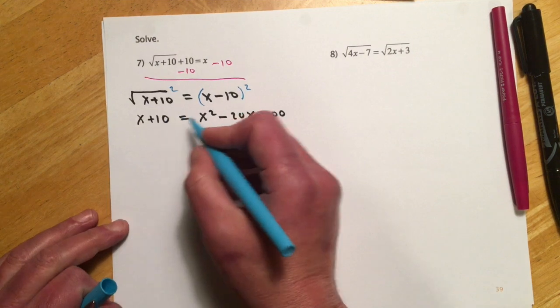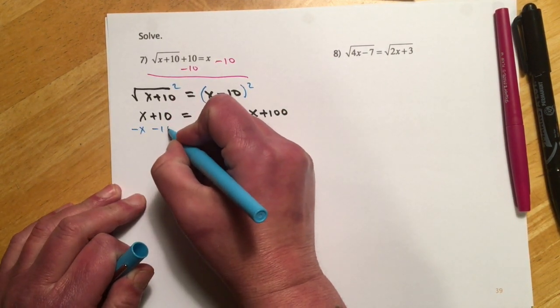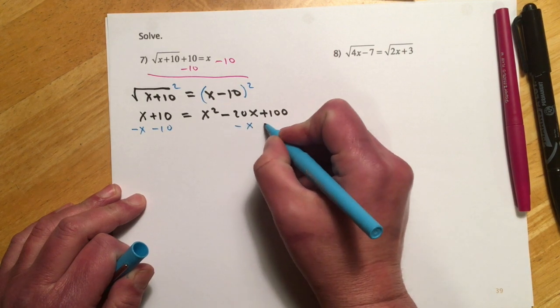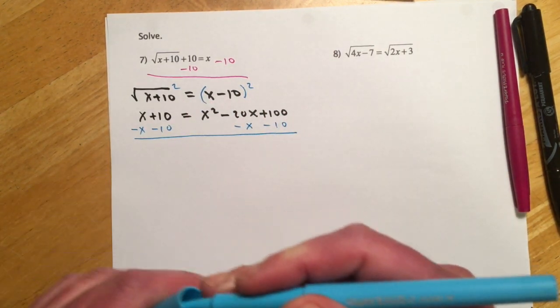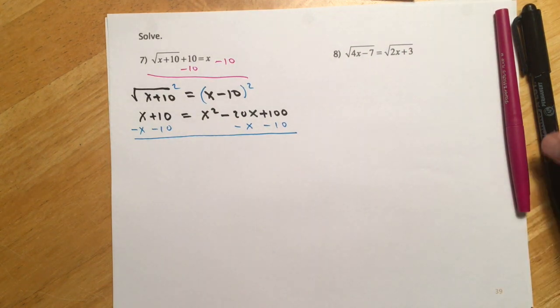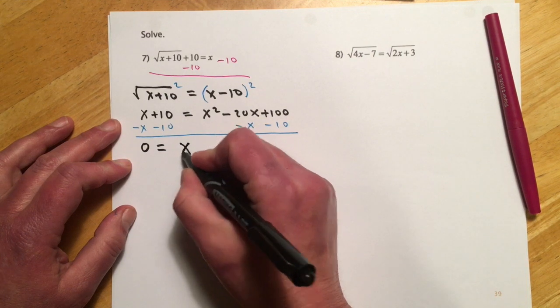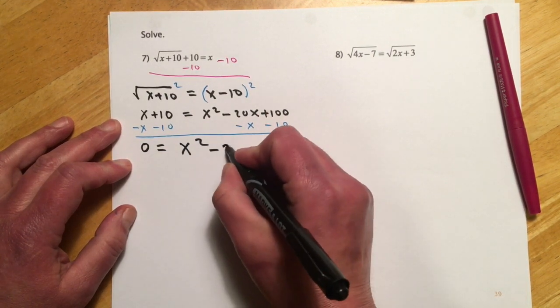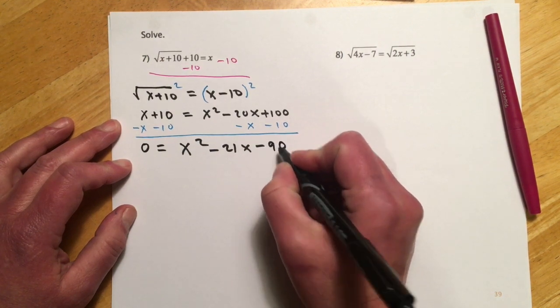So I'm going to solve so I have a positive x squared term, just because it usually makes it easier. Okay, so now this gets us 0 over here. x squared minus 21x minus 90.